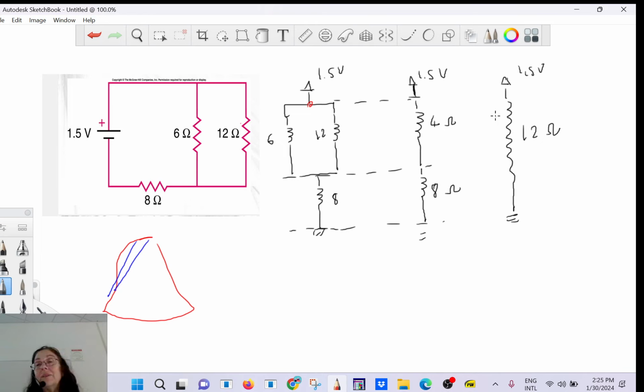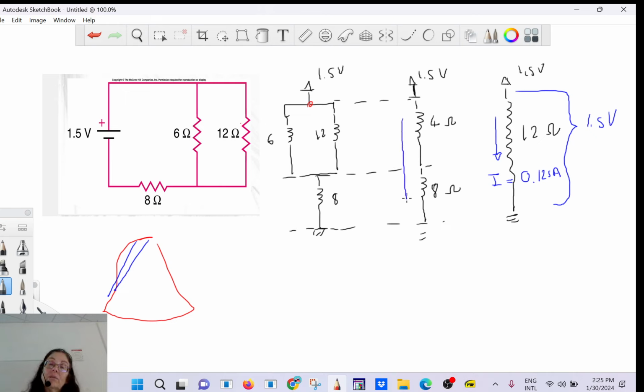So what's going to be the current? You see here, the voltage drop is 1.5 volt. So the current flowing will be, very good, amps. Do you agree? Or 125 milliamps. So then you take one step back.